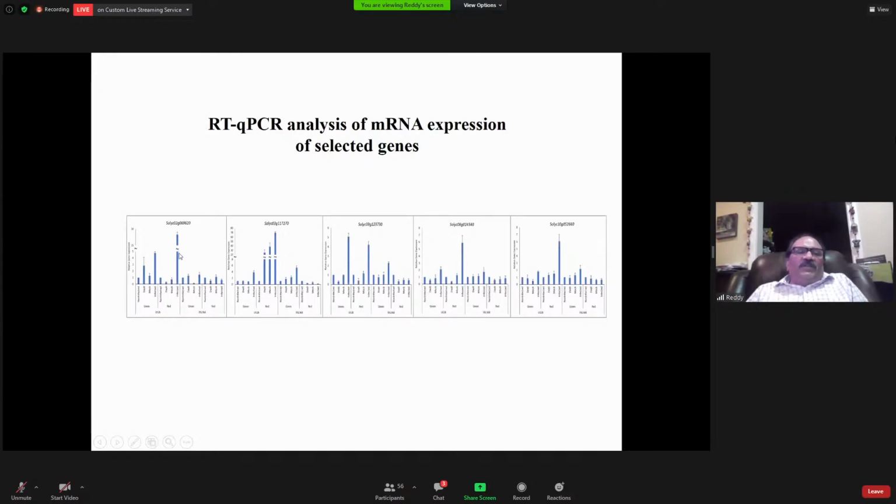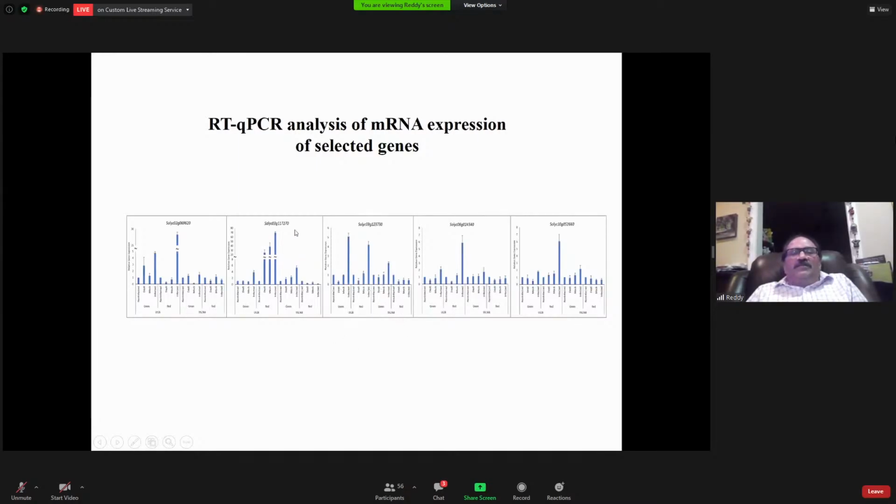We identified that the susceptible parent has high expression comparatively to the resistant. You see, this is the resistant parent. These transcripts are not expressing, but here it is very high expression in the green fruit, in the red fruit, all these different kinds of combinations.